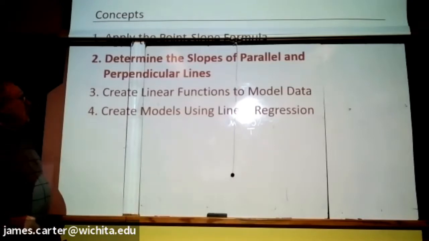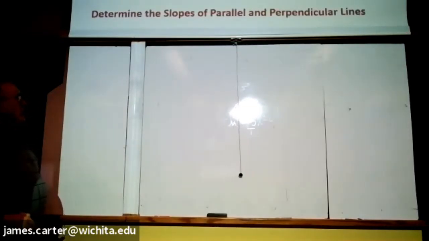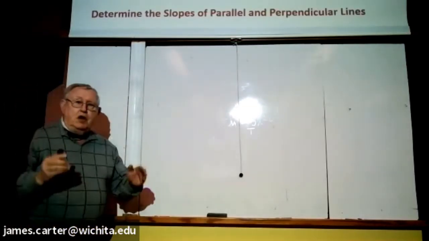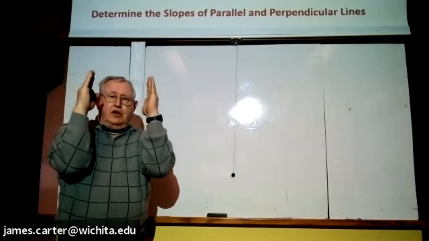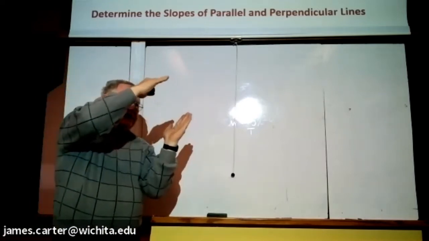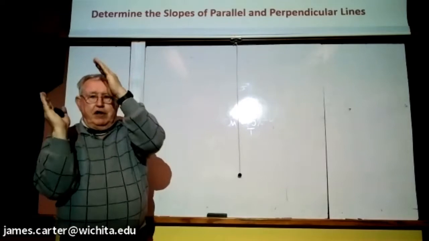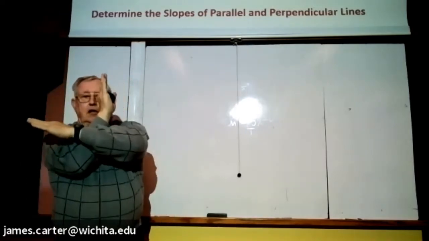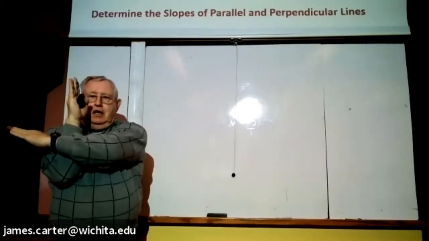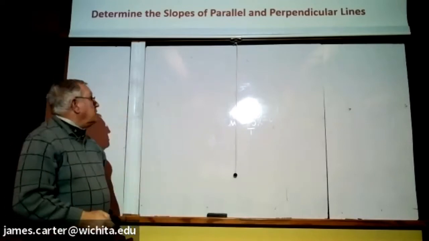Now let's talk more about parallel and perpendicular. Okay, parallel, if you recall, are lines that travel through space at the same angle and never intersect. Perpendicular lines, on the other hand, cross at right angles.